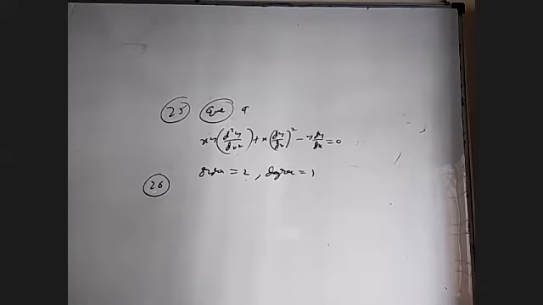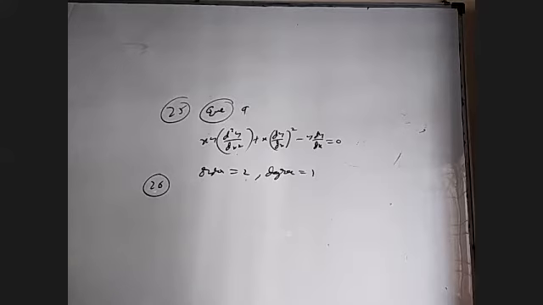If you want to remove fractional powers in the LHS, what should you do? Squaring, sir. And if you want to remove the fractional power in the RHS, you have to cube it. You have to square it and cube it. So what should we do?